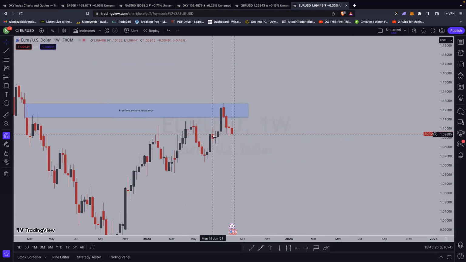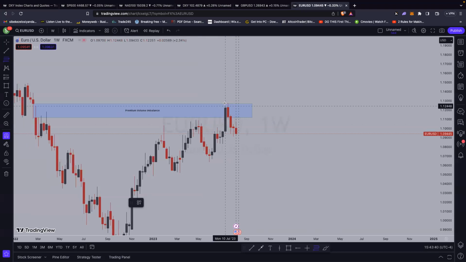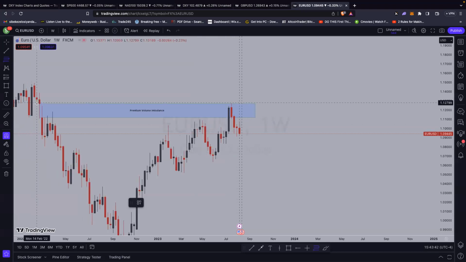Premium volume imbalance. So traded up into that, and then after that we had the order block here, because we took buy side, right? We took buy side, then we traded up into that volume imbalance, and from there we even went as far as reaching the premium, the high actually, of that volume imbalance, which I believe was a CE of this candle. Let me check.